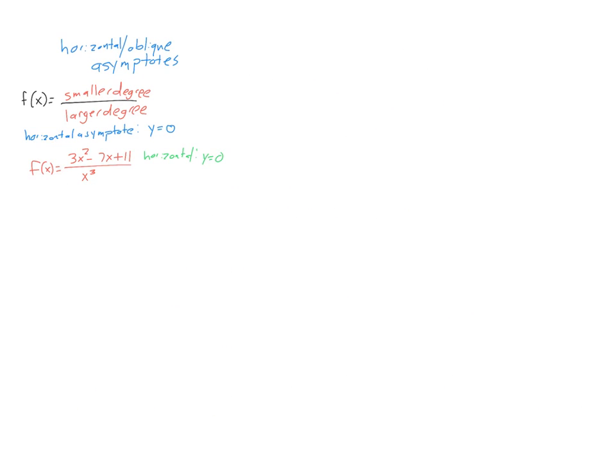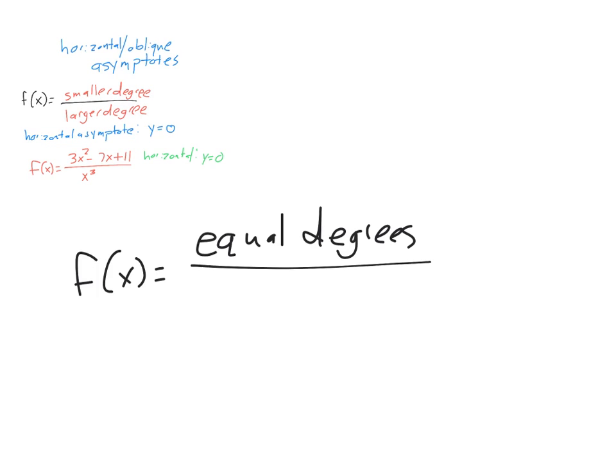Okay, so now what could happen? I said that the degree of the numerator could be smaller than the denominator. What if the degrees are equal? So the next example is, say f of x equals, I have equal degrees in the numerator and the denominator, say an x to the third over an x to the third.